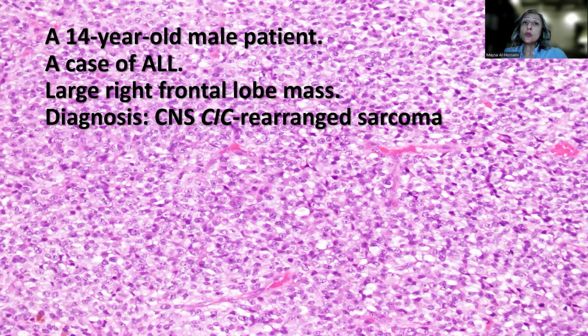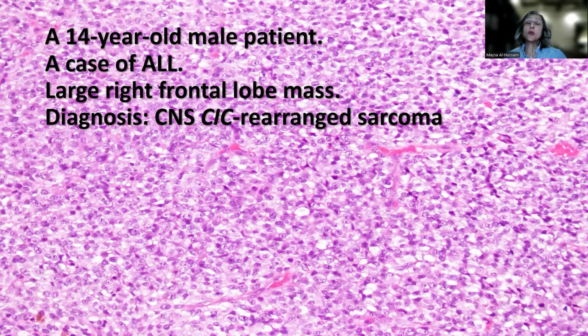Other modalities to confirm the diagnosis are fluorescence in situ hybridization or FISH, looking for the break apart of the signal in more than 10% of the tumor cell nuclei, as in this case, or more advanced technologies like methylation profiling or NGS testing for the presence or absence of that translocation.